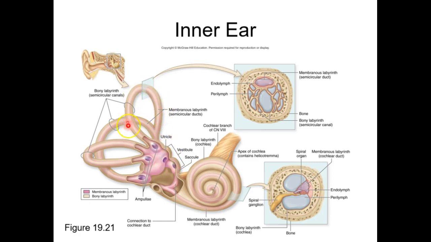And each semicircular canal also has an ampulla, a little broad portion right at one part of the hula hoop where it connects to this vestibule over here. Now you're going to notice that there's sort of a bone color here, and then a sort of pink color here. That's going to differentiate the bony and the membranous labyrinth.